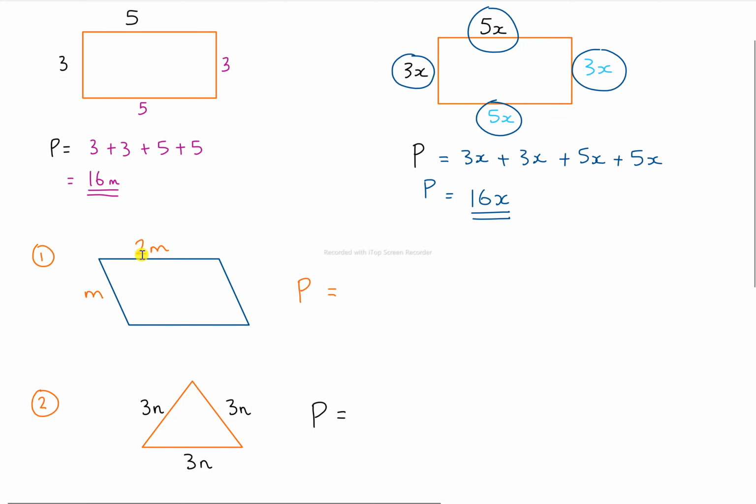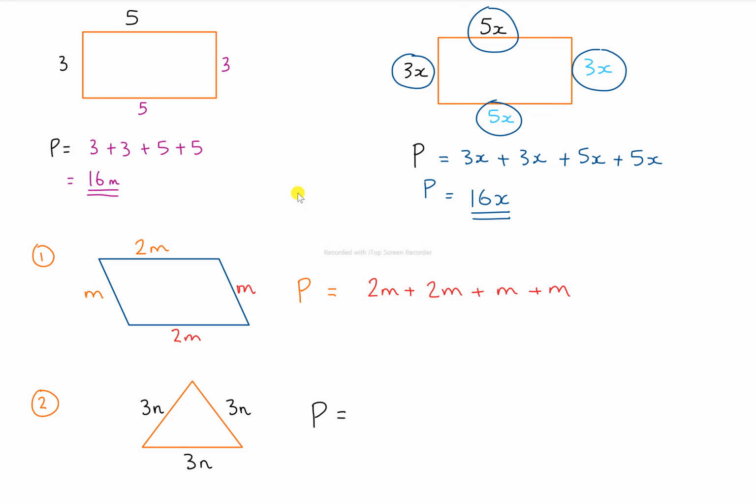Right. This side is 2m and the opposite side in a parallelogram is also the same length. So this is going to be 2m. And if this is m, the opposite side will also be m. So now I've got 2m plus 2m plus m plus m.